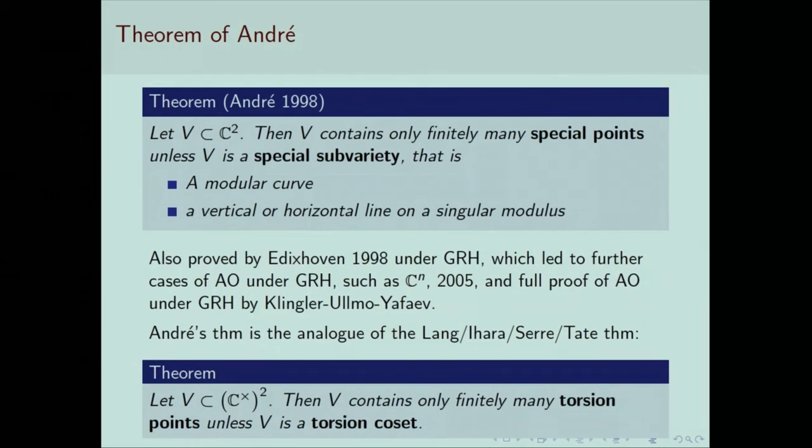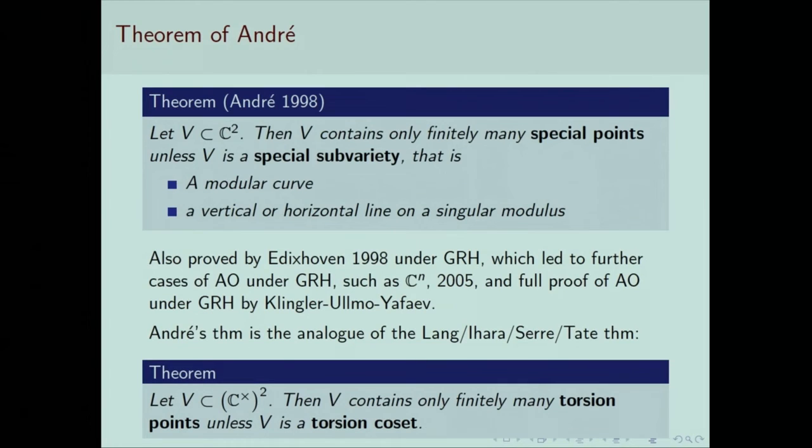So these curves do have infinitely many. And so this theorem is somehow the analog of Lang's theorem, the Ihara-Serre-Tate theorem, about torsion points on a curve in C cross squared. So André proved this unconditionally.